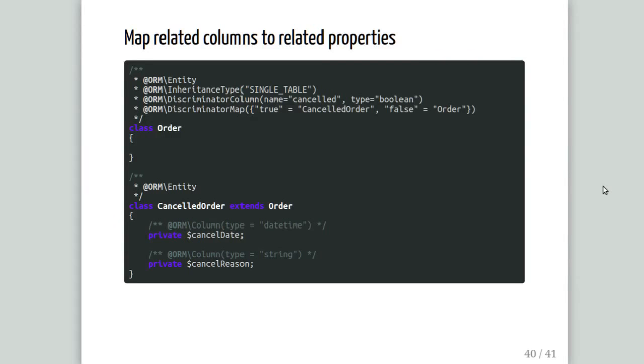And Doctrine will do all the boilerplate work for me. In the mapping, it will look at the discriminator column, cancelled, of type Boolean. So when it is true, it is a cancelled order. Otherwise, it's just an order. But I don't care about this anymore. I only set up the mapping once, and I'm done.